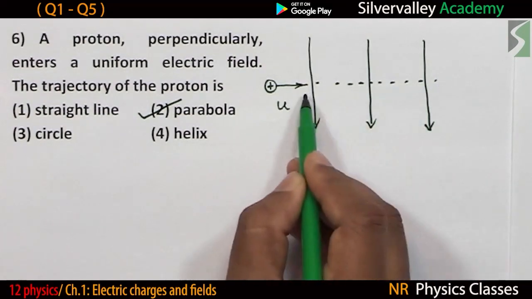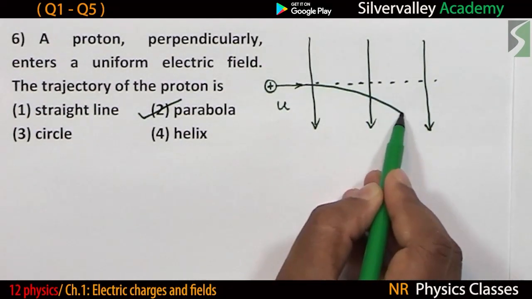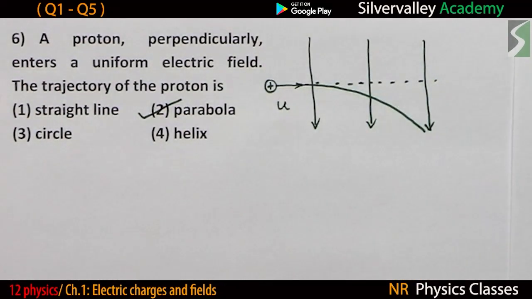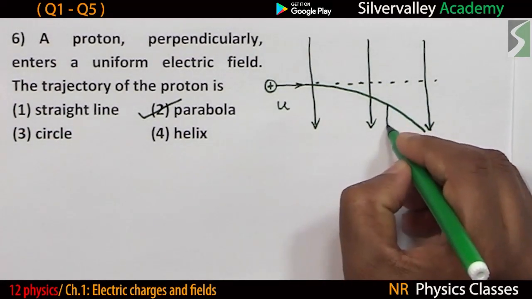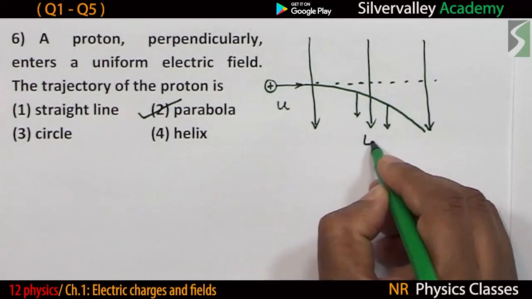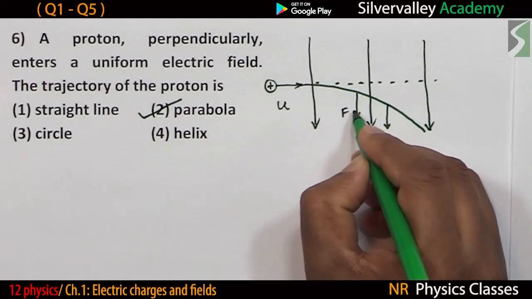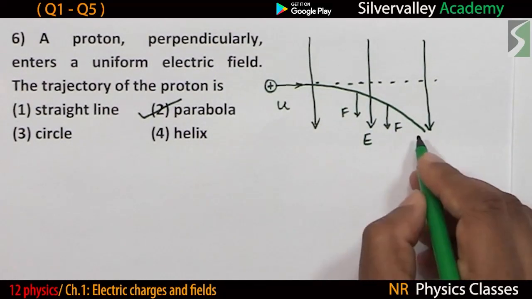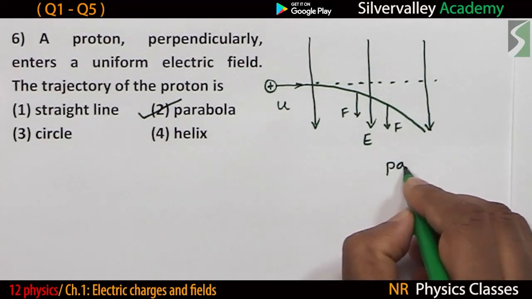As a result, it gets deflected like this, because every time the direction of force will be in the direction of the electric field. So this is electric field and this is force. This is force and path is a parabola.